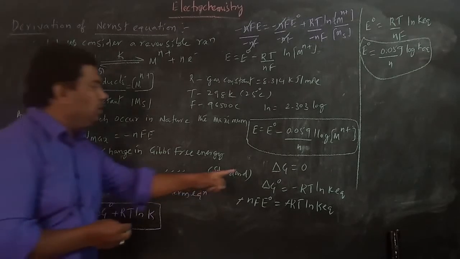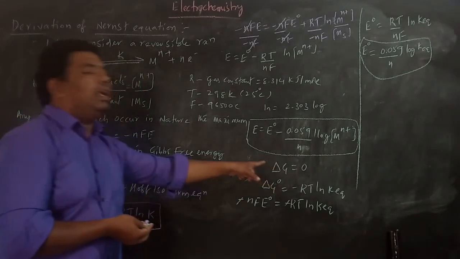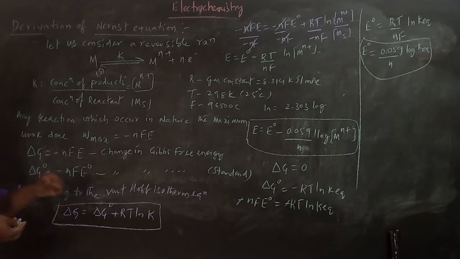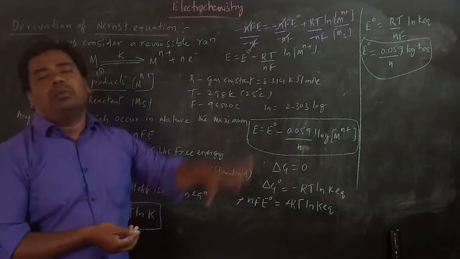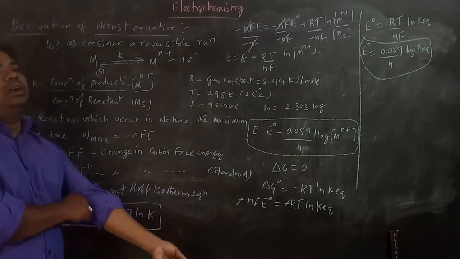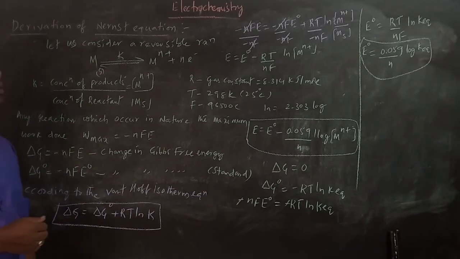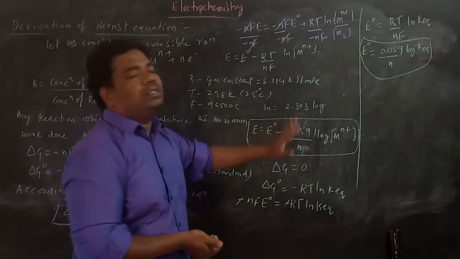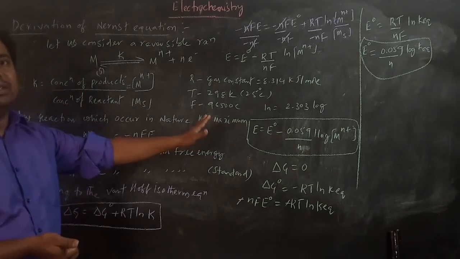When it is in equilibrium condition, the delta G value is equal to 0, and substituting in the Van 't Hoff isotherm equation, 0 is equal to delta G naught plus RT ln K. So we get E naught is equal to 0.059 by n into log K equilibrium. These two formulas are very important for calculations using the Nernst equation.